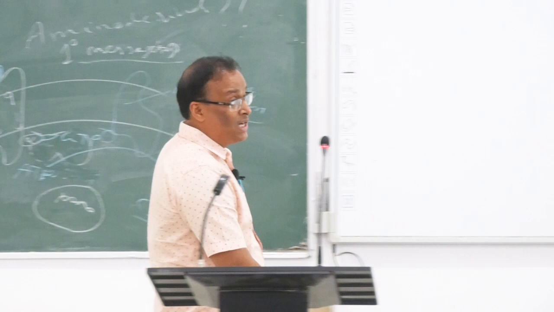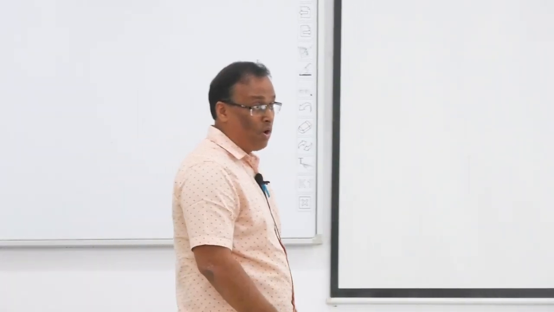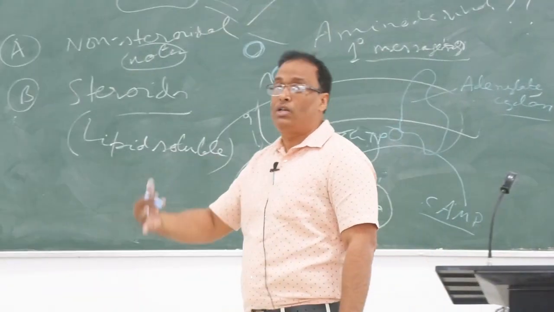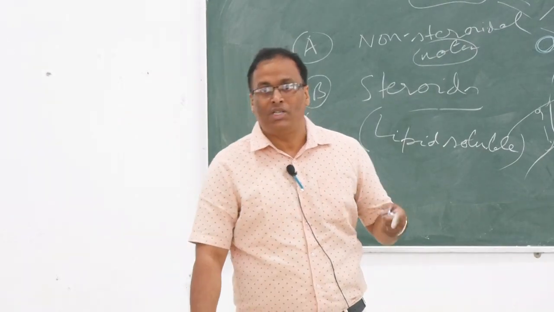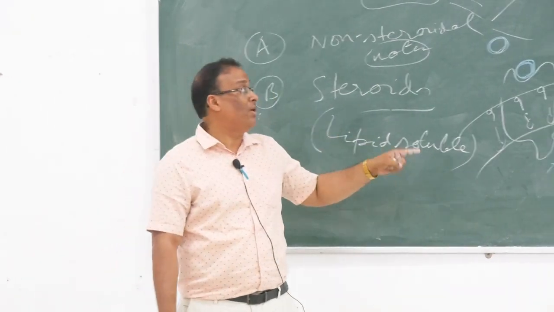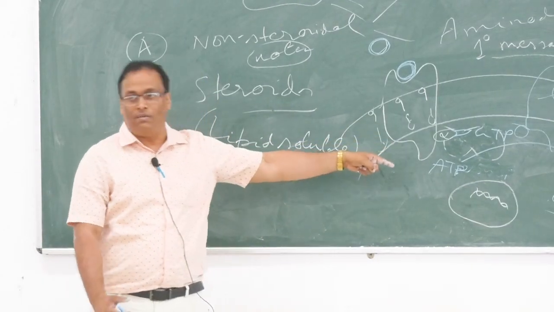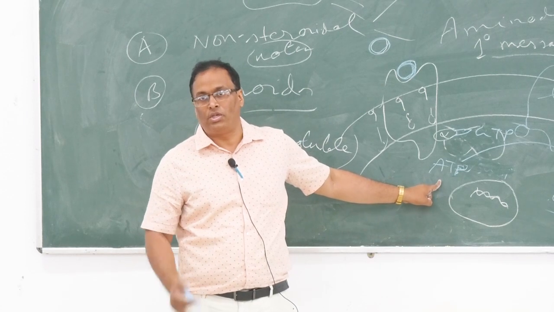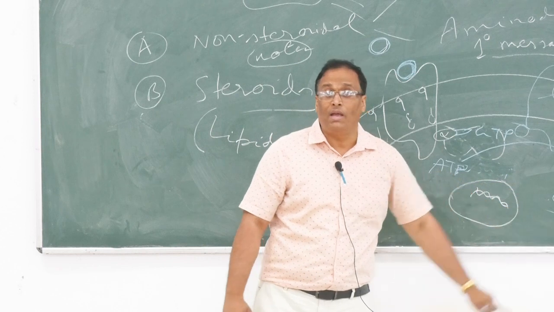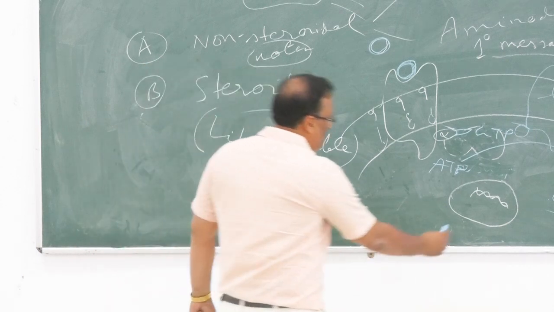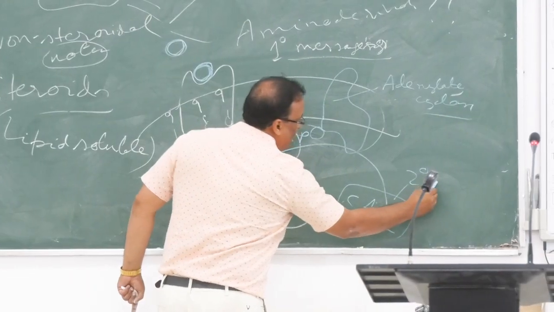After the ligand interacts with the receptor, there are conformational changes, the gamma and beta subunits go away, and the alpha subunit connected to GTP activates adenylate cyclase, which converts ATP. ATP is always there in the cell, since glycolysis is always going on. ATP is converted into cyclic AMP, and this cyclic AMP is called the secondary messenger.